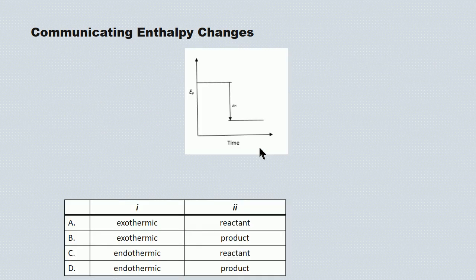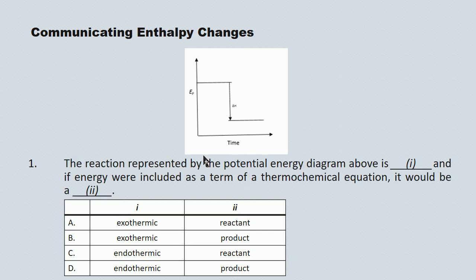I have a few questions here before I conclude, and after that I'd refer you to any homework your teacher assigns. So here we have a question. The reaction represented by the potential energy diagram above is, well, is this an exothermic or an endothermic reaction? We're showing reactants that are higher in enthalpy and products that are lower in enthalpy.